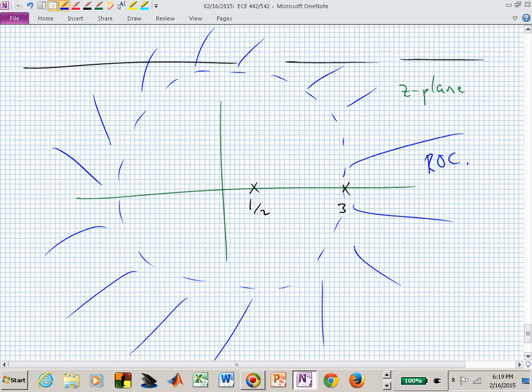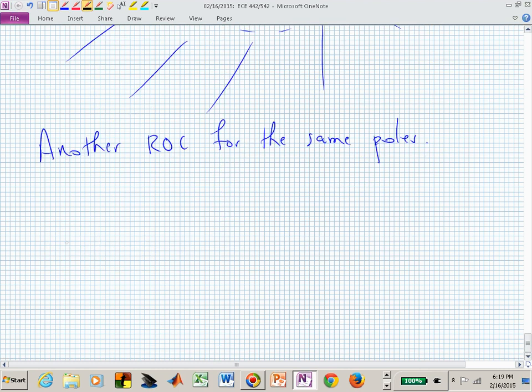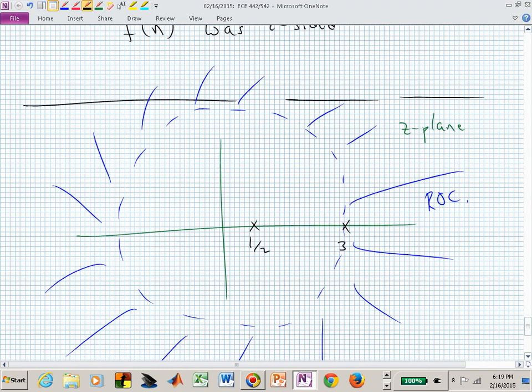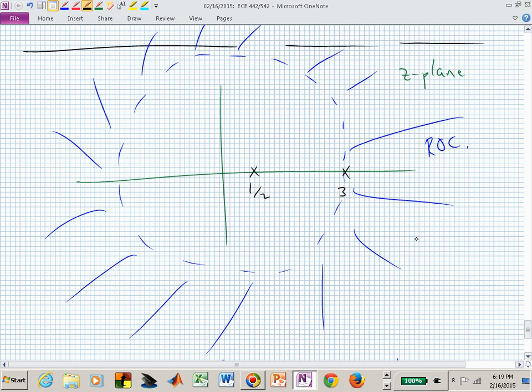You now know that the two pieces that make up your response, if we called that w of n, we have something, let's say alpha 1 bar, (1/2)^n plus alpha 2 bar, 3^n. Do we know anything about when n is valid based on this region of convergence? This region of convergence is saying that we have z bigger than 3.